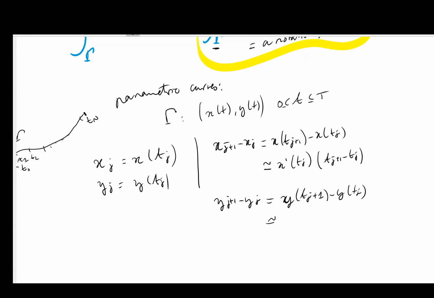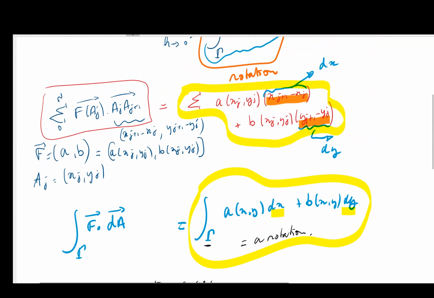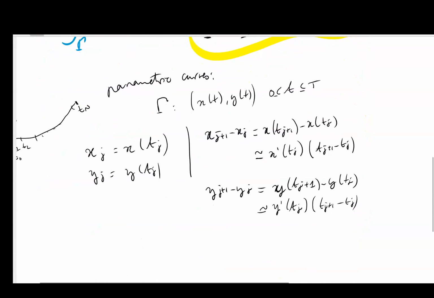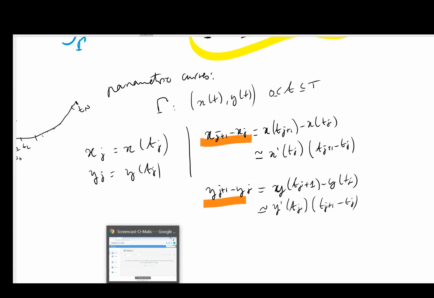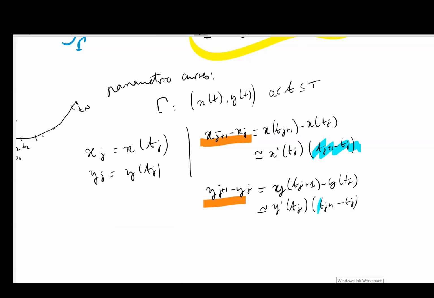That could be approximated by y prime of tj times tj plus 1 minus tj. So in my previous equality, the terms outlined in orange that would give you dx and dy can both be expressed as depending on tj plus 1 minus tj.